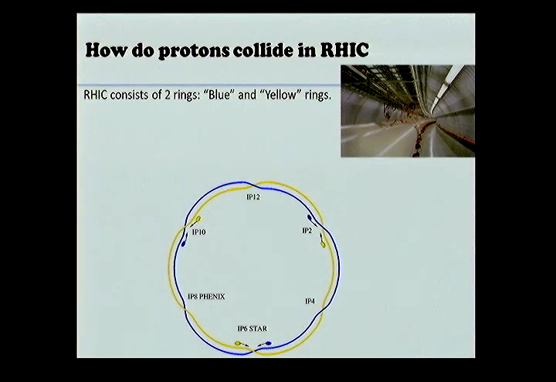We name those intersection points IP6 at 6 o'clock, IP8 at 8 o'clock, and so on: IP10, IP12, IP2, and IP4. The particles in the blue ring circulate clockwise, and the particles in the yellow ring circulate counterclockwise.